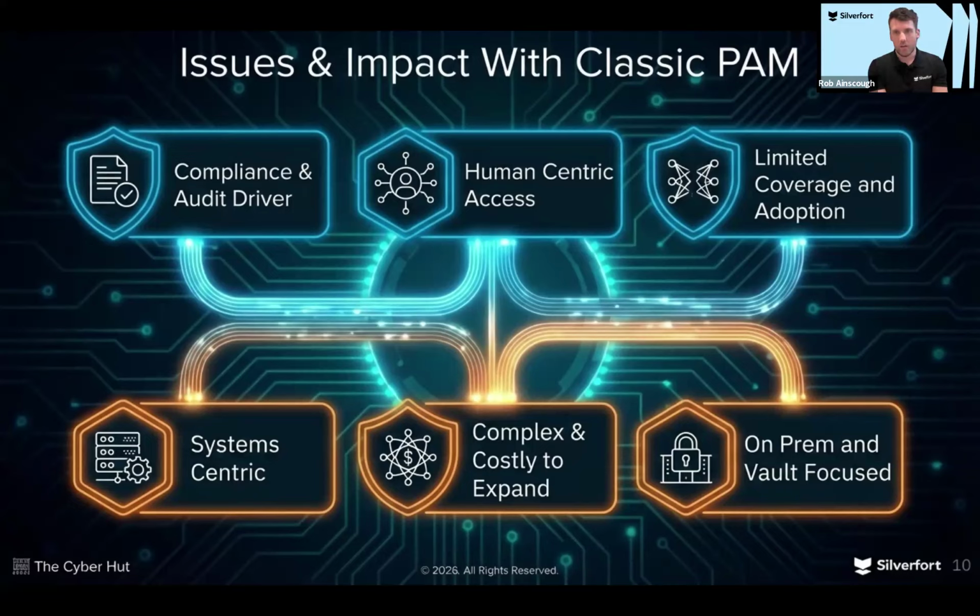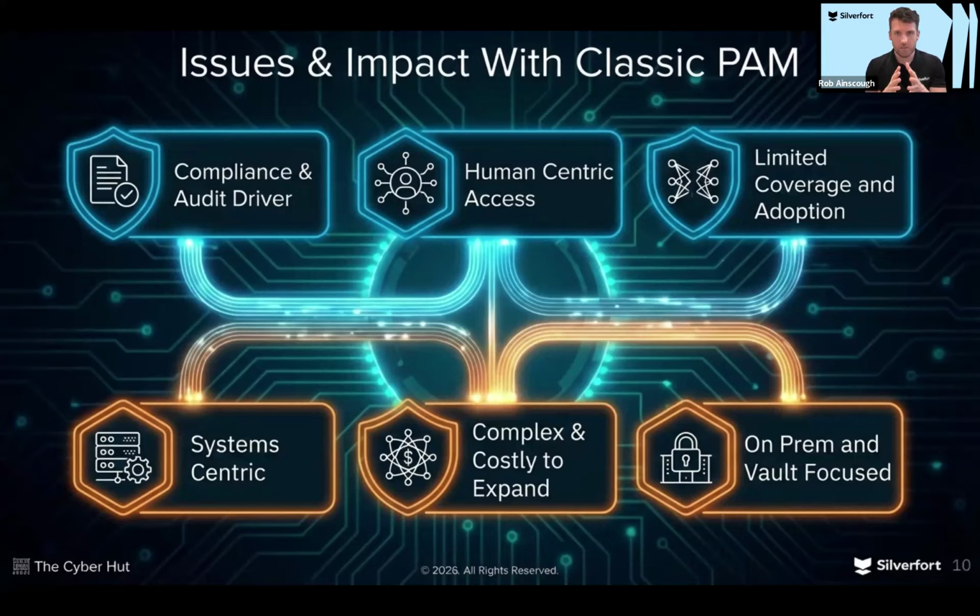I think the reality is, and none of this is to say that vaulting is bad or wrong, but we've tried to stretch it to things it was never designed for, to a scale it was never designed for, and to the complexity of human and non-human accounts, increasingly non-human, as we know.